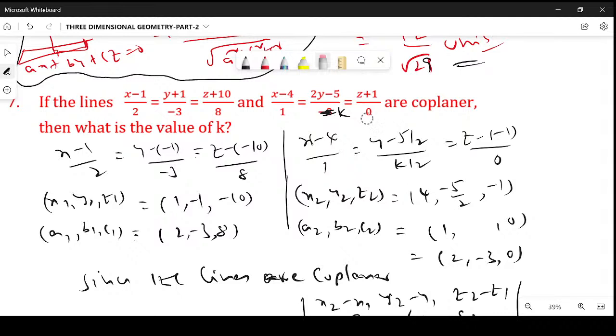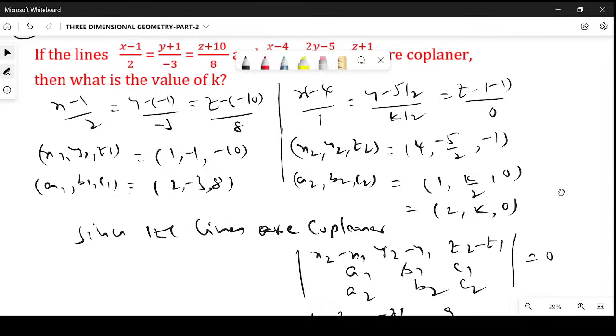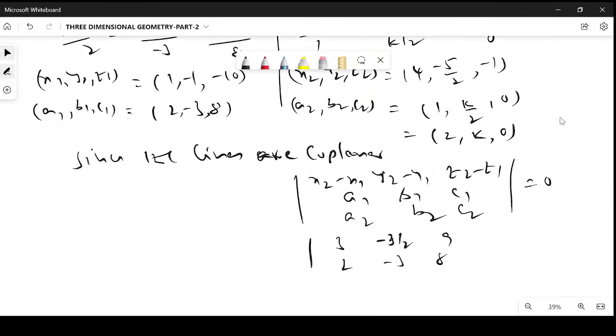Be careful here, the mistake is here. I have let it be k because they are asking to find the value of k. I have taken k by 2, comma 0. So this will now be 2, comma k, comma 0. So the changes I have done: 2, comma k, comma 0. After substituting the values, 2, minus 3, 8 in the determinant. Correct, you can check this.